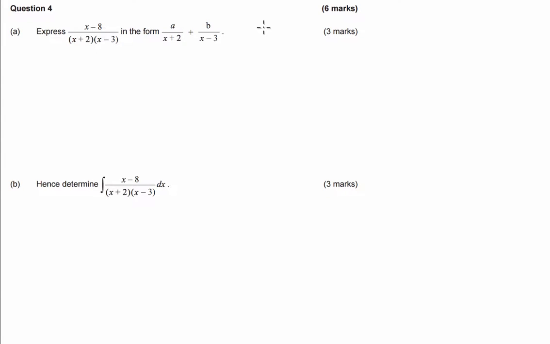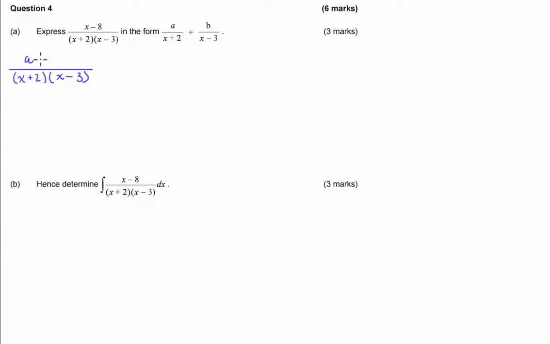The way that I would go about solving this is I'm going to combine the two partial fractions and then work backwards. I'll show you what I mean by that. To start with, I'm going to get both denominators in each of these partial fractions to look like the original denominator. So in this case, we've got a over x plus 2, and we've also got x minus 3 to make it look the same.